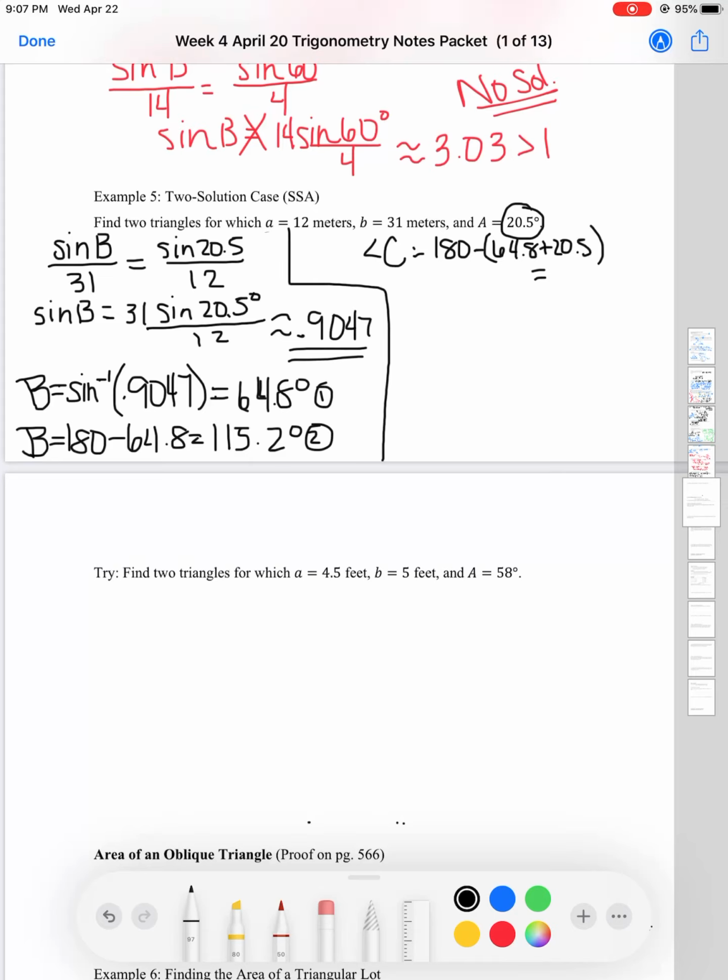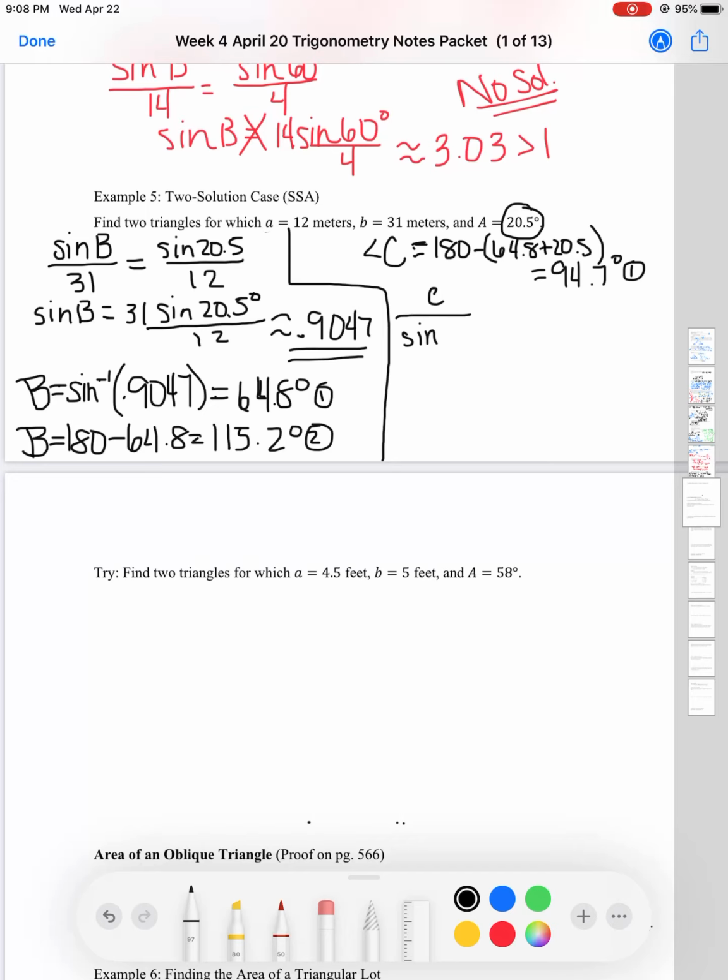So our first angle C is equal to 94.7 degrees. Okay, now with that angle C, let's find that option for side c.